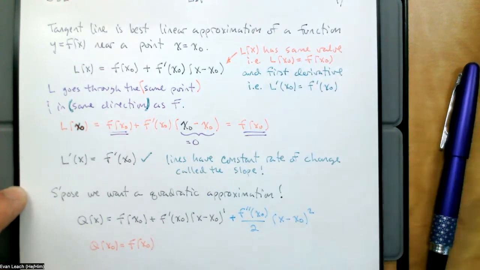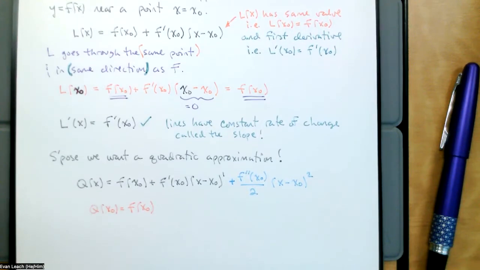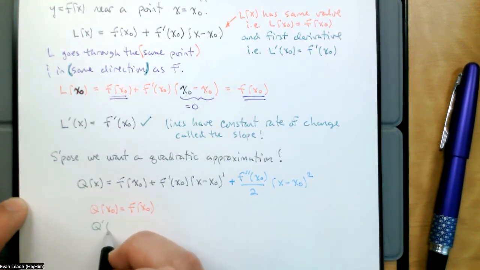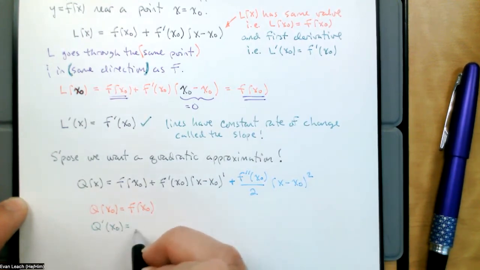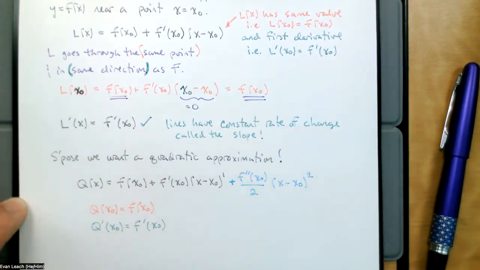This is what I want to have happen. I want q of x naught to be the same as f at x naught. I want q prime at x naught to be the same as f prime at x naught. The new requirement that I want is I want q double prime, the second derivative, to be the same as f double prime at x naught.